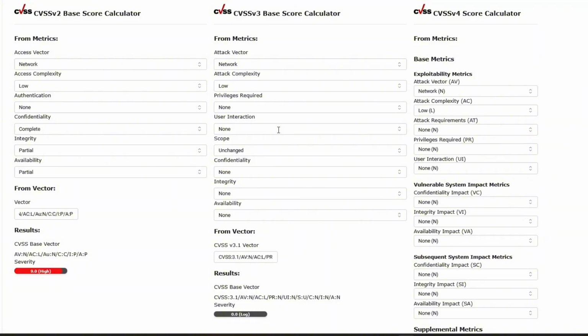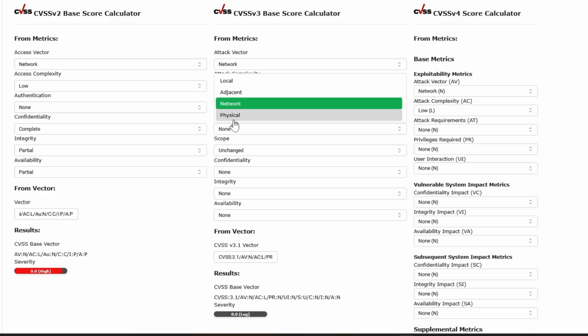Now, local, adjacent, physical, or network. See, physical means I need to go to that particular server where it is hosted to plug in and then exploit. That is itself very hard, because the server is hosted in a data center. The data center may be protected by biometrics, by fencing with security guards physically present. So it would make it harder.